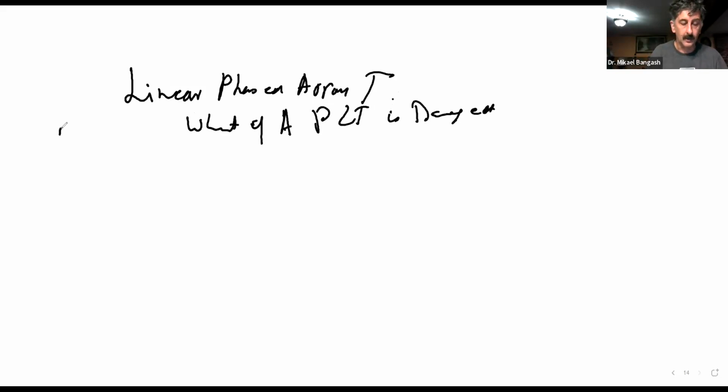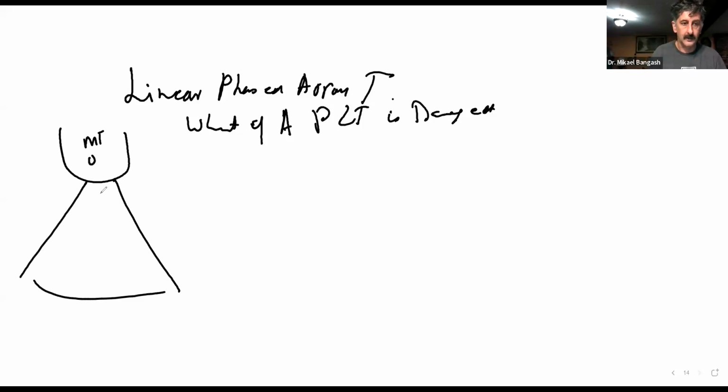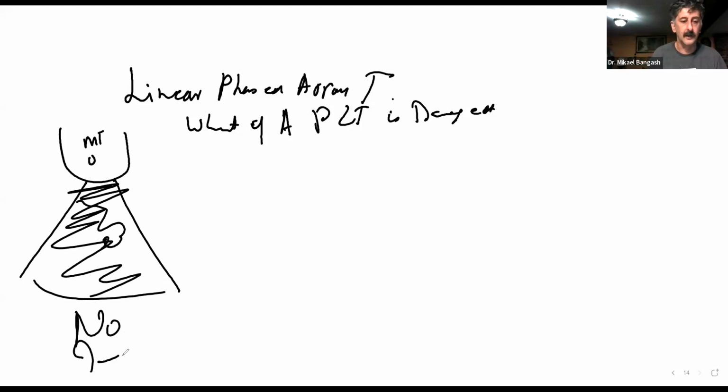Now we saw that in, for instance, our mechanical transducer, if the PCT was damaged, the whole image is blacked out, right? Or you can say there's no image.